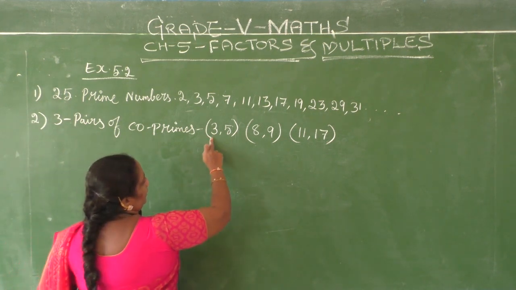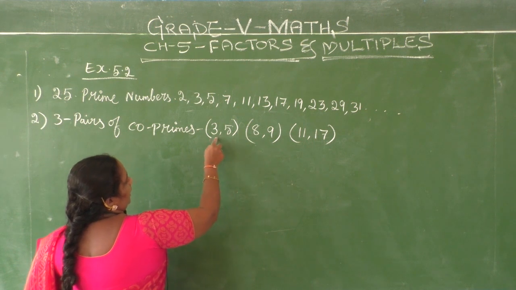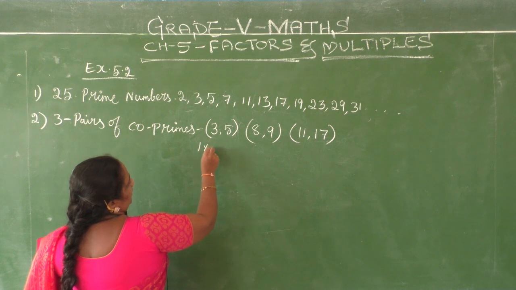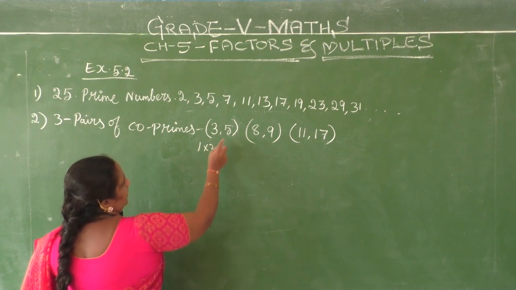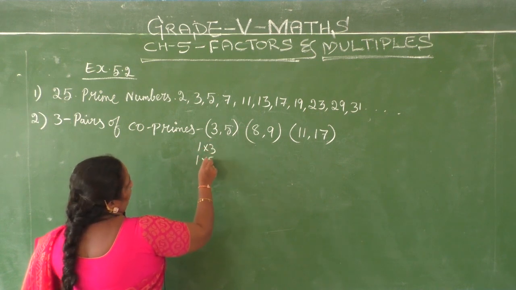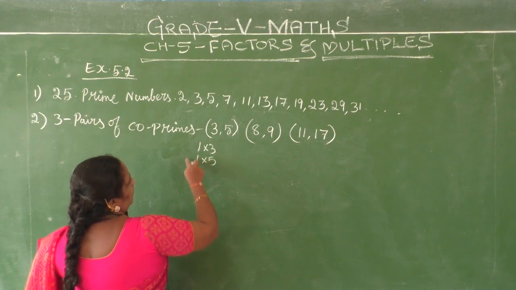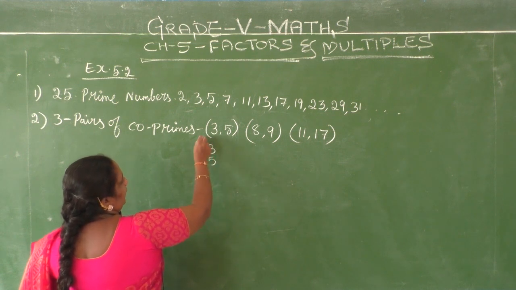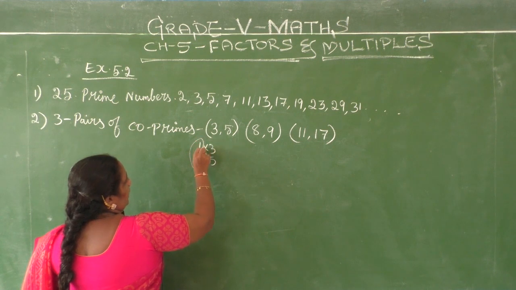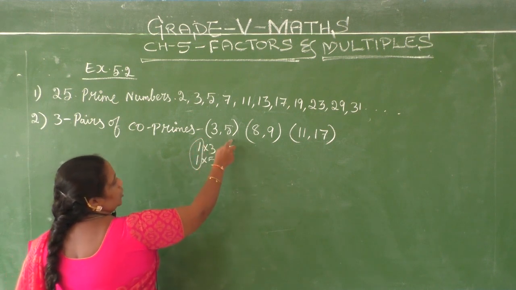See, for 3 and 5, what are the factors of 3? 1 and 3 only. Then what are the factors of 5? 1 and 5 only. What are the common factors between 3 and 5? 1 is the only common factor of these two numbers.